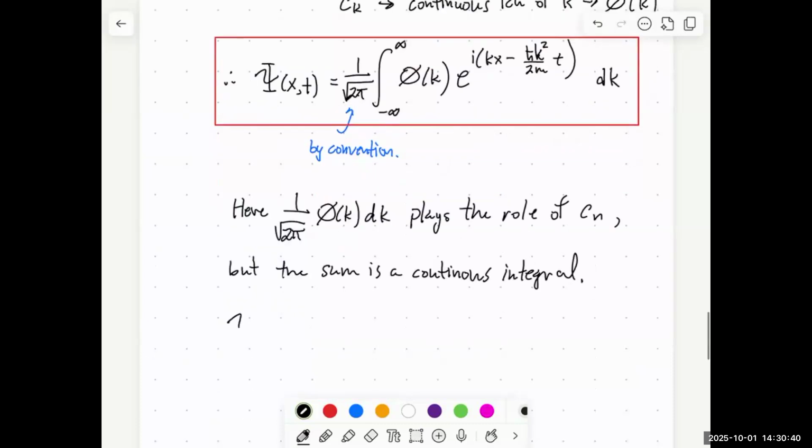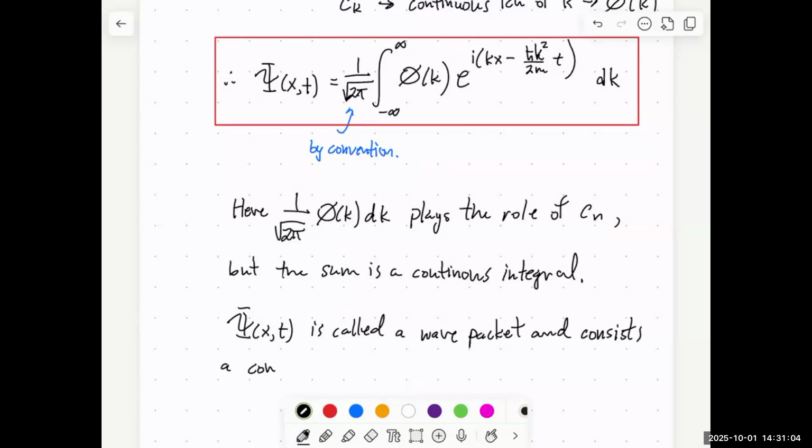So this psi of x,t is called a wave packet, and I would guess that you've probably seen some kind of version of a wave packet in Physics 200. I'm going to try to show you my version of this argument in just a second. And it consists of a continuous distribution of k values.